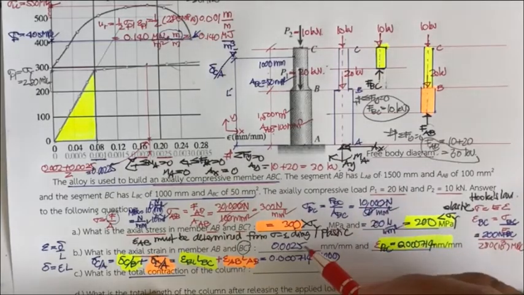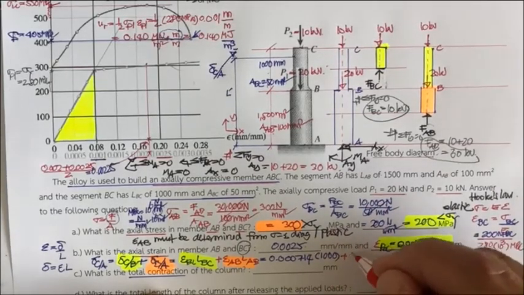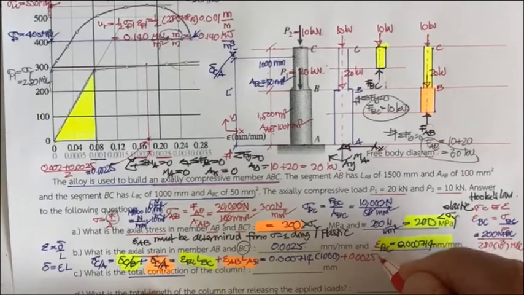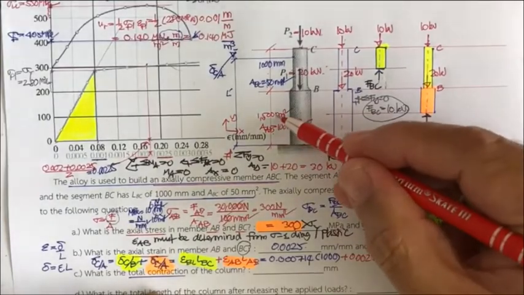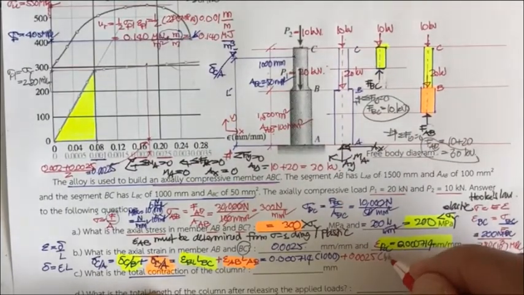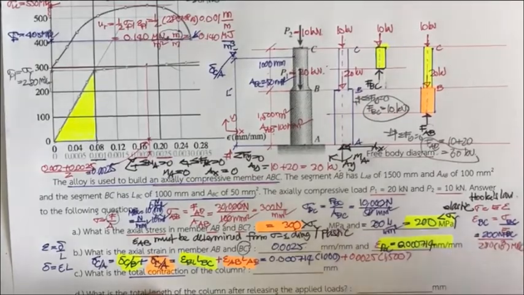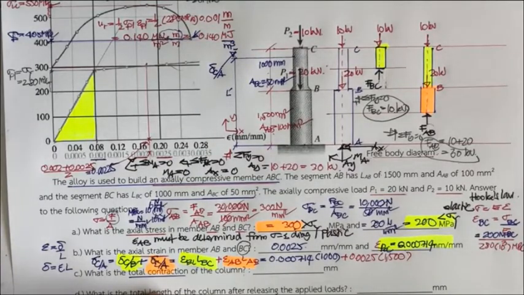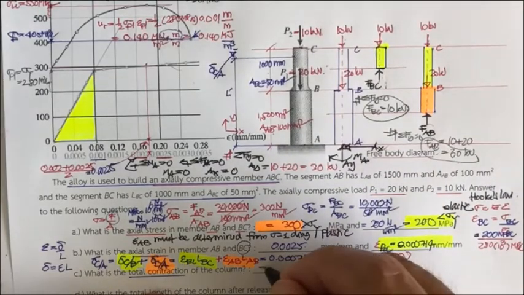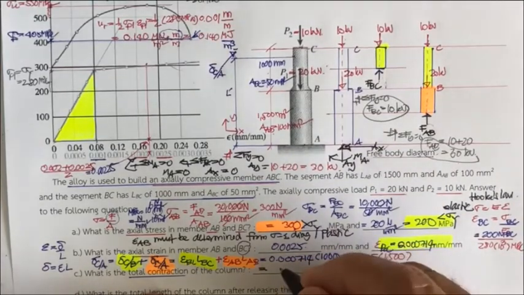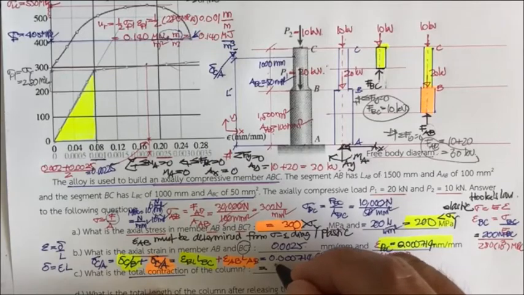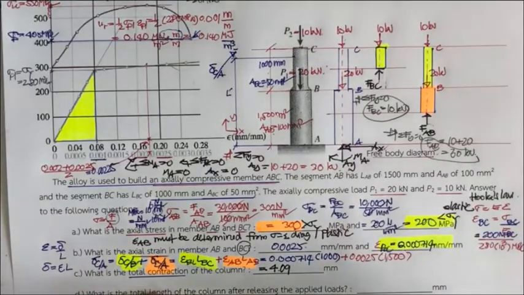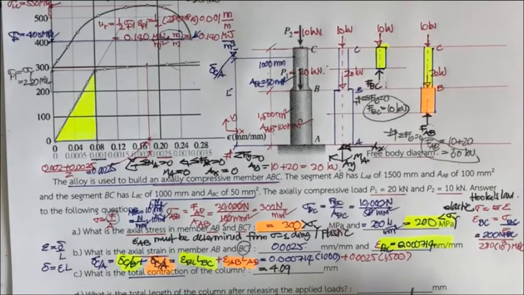And for the AB, plus 0.0025, and this is 1500 millimeter. If you put them together, you pause the clip, put it in your calculator, you can get 4.09.